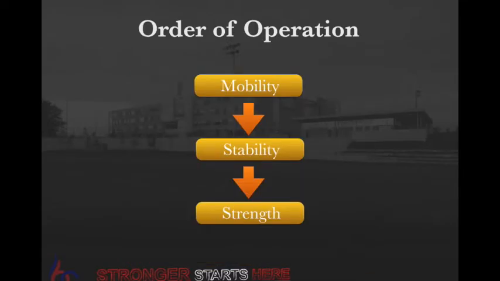So again, let's revisit that idea of an order of operation or a hierarchy when it comes to mobility, stability, and strength here. We don't really build strength without stability, and we don't really build stability without mobility. So this order of prioritization doesn't just come from taking a sensible approach.